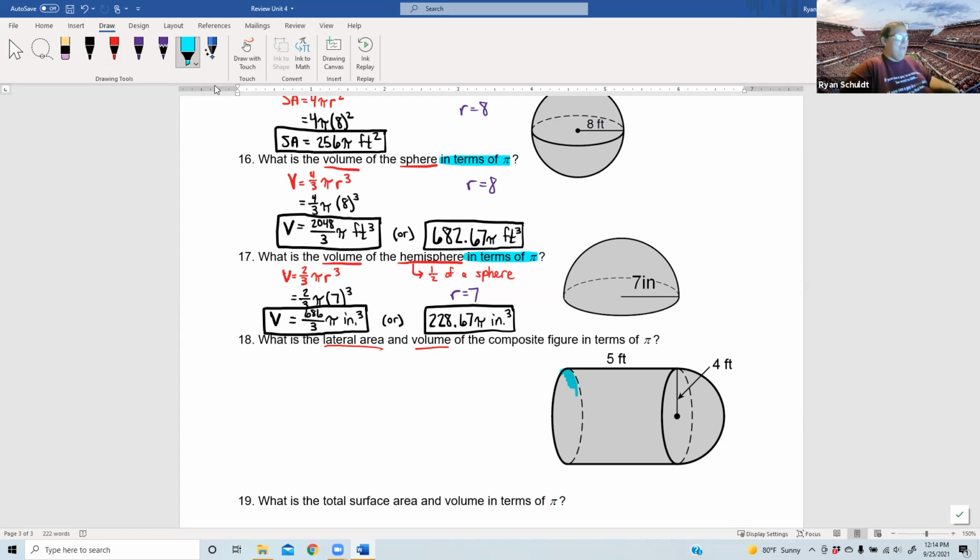So when I do lateral area, I'm going to need to do surface area of the hemisphere, at least the curved part of the hemisphere. And then I'm going to need to do the lateral area of the cylinder. So let's work on lateral area first.